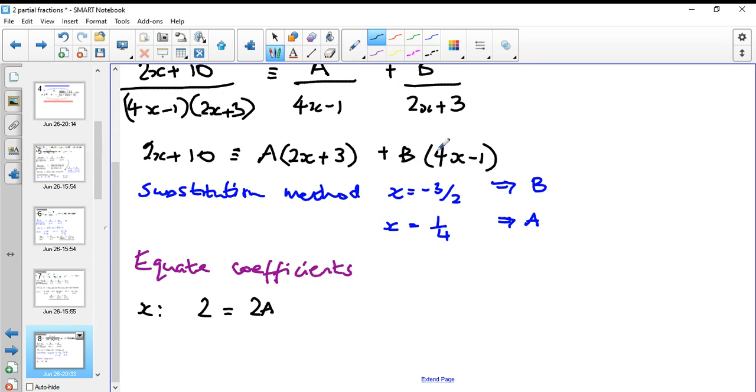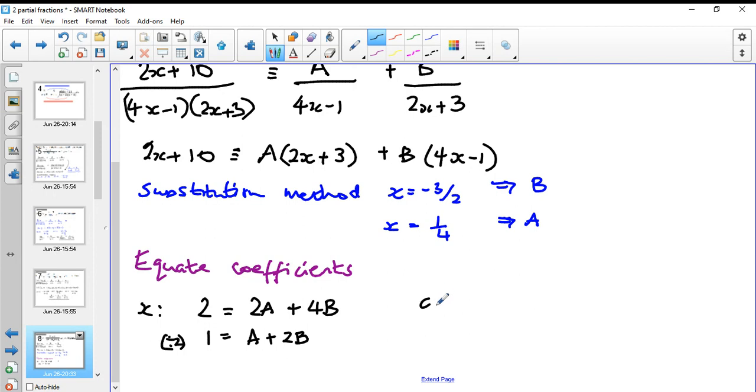And here, the coefficient of x would be 4b, because if you expand that out, you get 4bx. So the 2a plus 4b must equal that 2 there. And if I divide everything by 2, I get that.